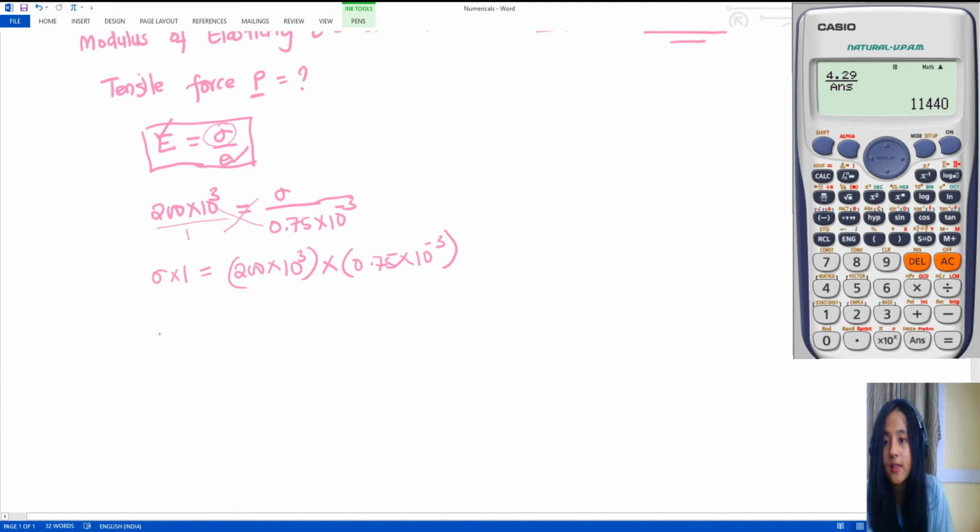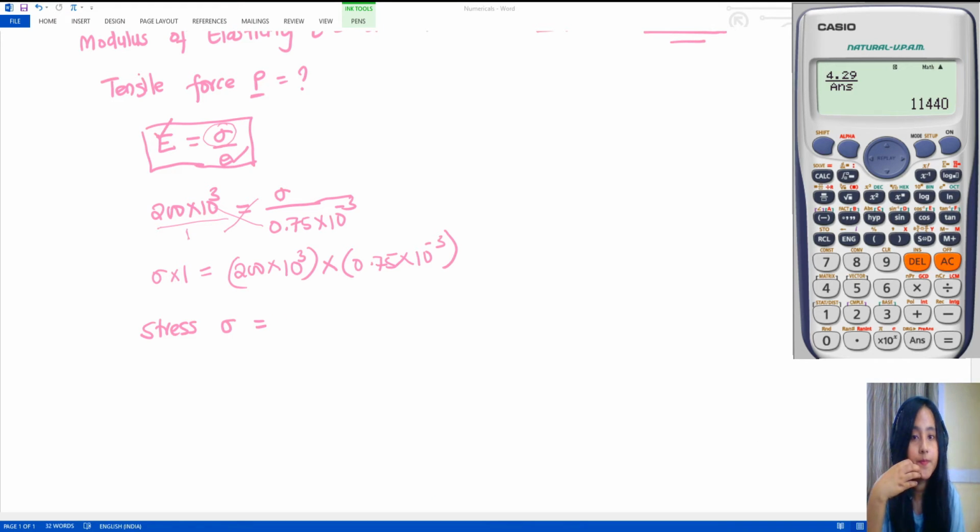So let us find stress. Stress sigma will be equal to 200 into 10 raised to power 3 into 0.75 into 10 raised to power minus 3.